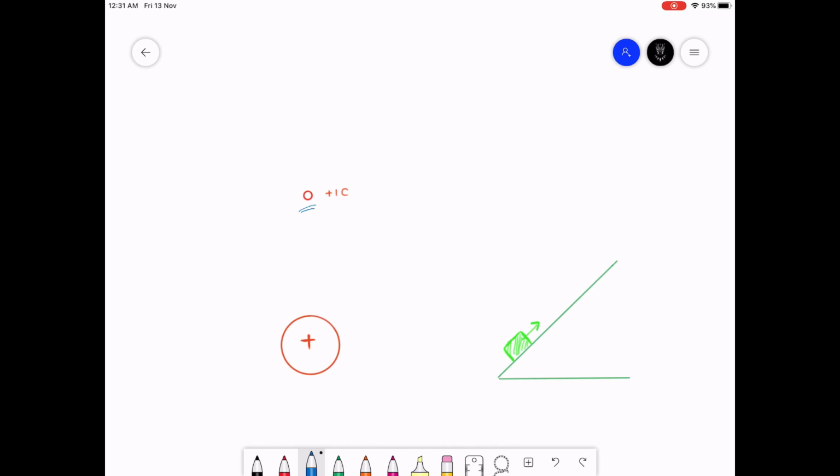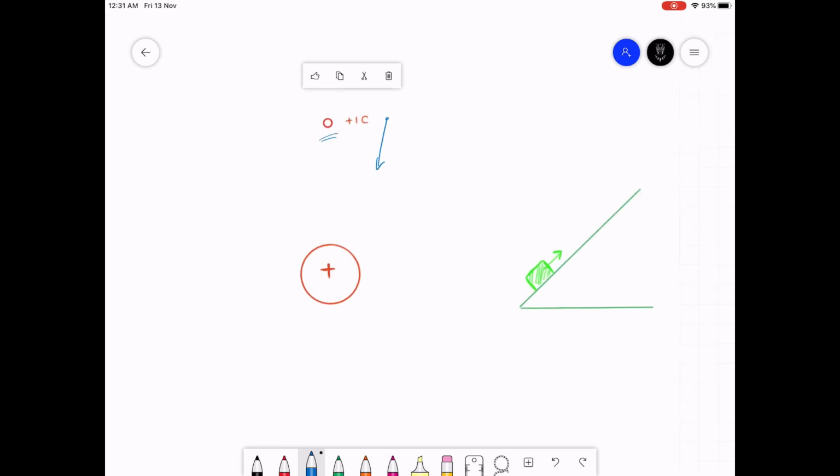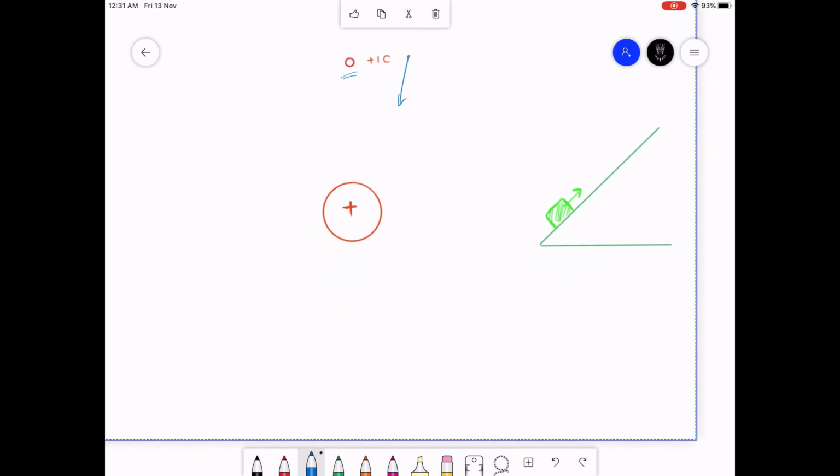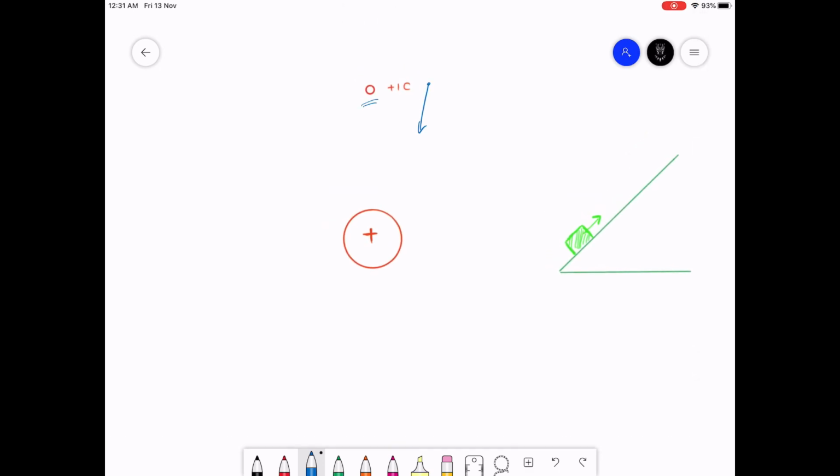So the potential is going to be positive for positive charges. So from infinity till here, you will have to do work. So the potential energy of the charge is going to increase. It's like going uphill, like you need to push it, but you're increasing its potential energy.